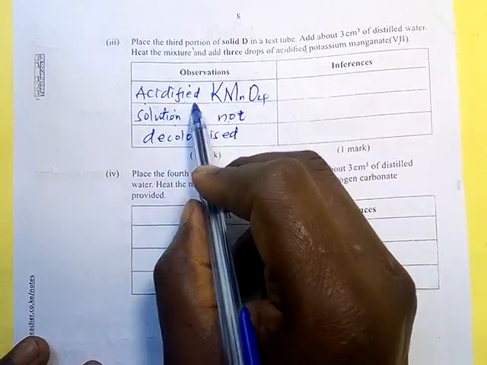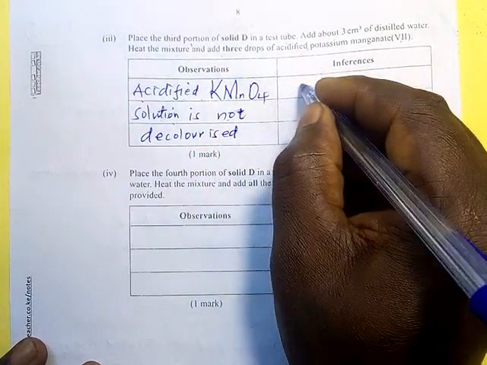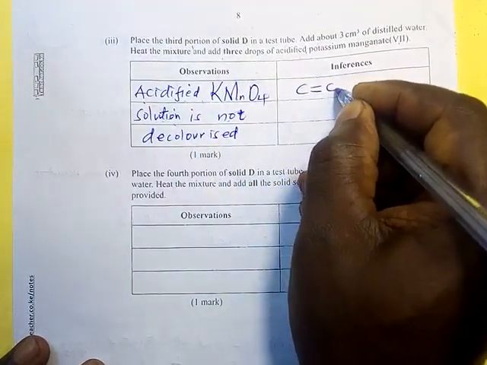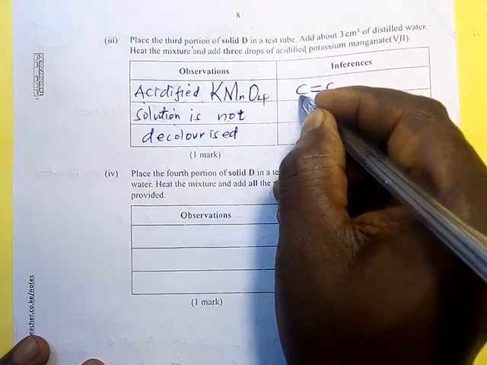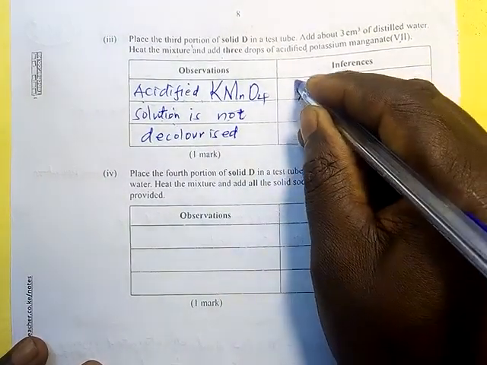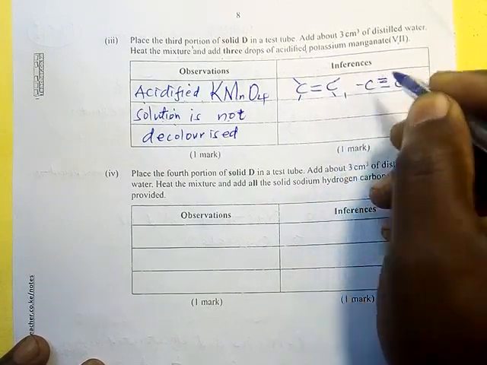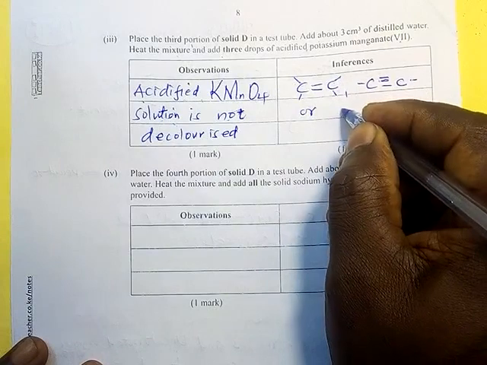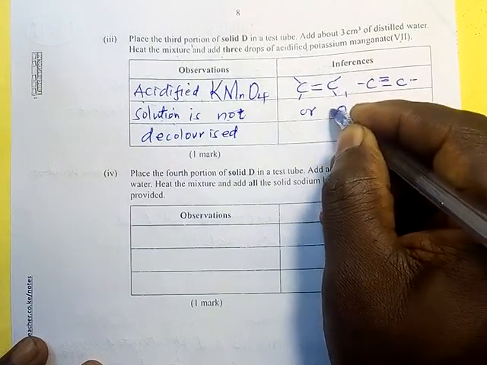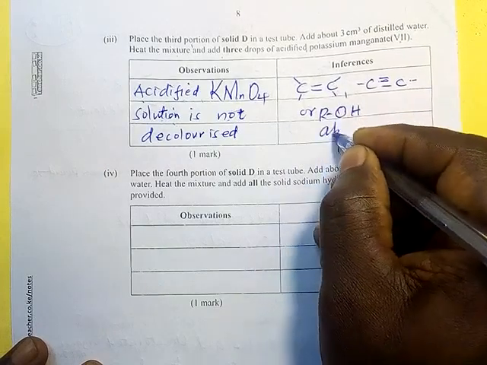So if it doesn't change, then it means that the double bond, the triple bond, or the alcohol ROH was absent.